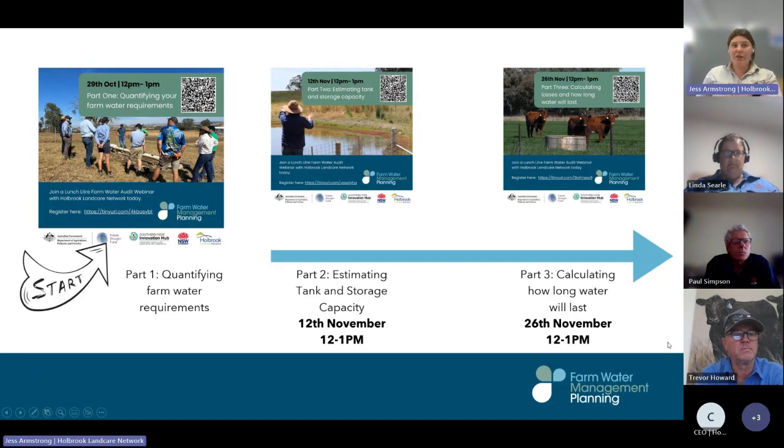As I mentioned, this is the first of 3. We're starting here on the 29th of October, doing part 1, quantifying your on-farm water requirements. In a fortnight's time, we'll reconvene on the 12th of November and conduct part 2, which is estimating your tank and storage capacity.